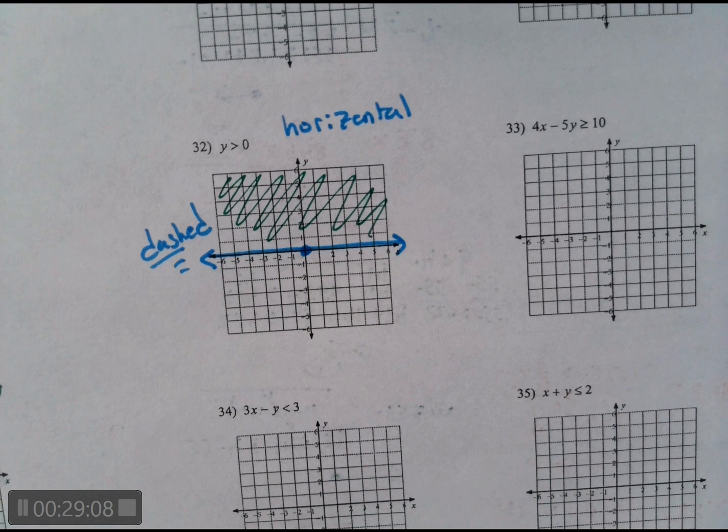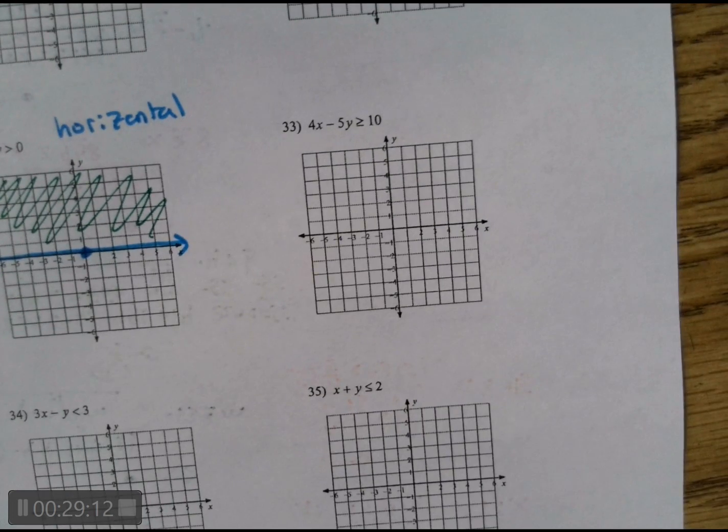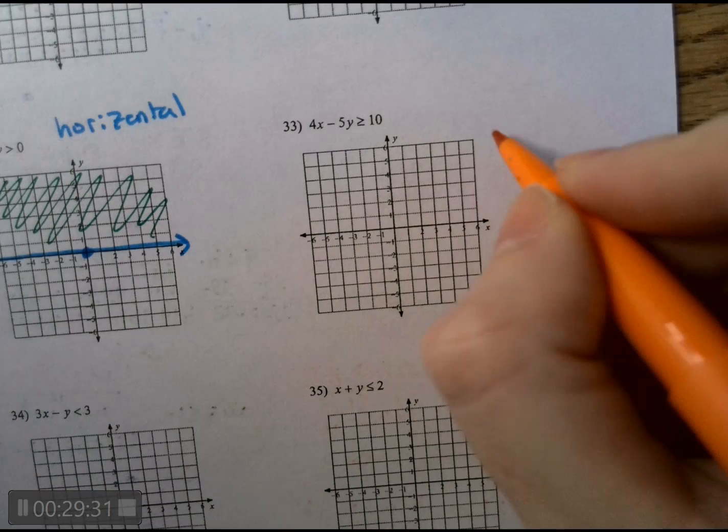Okay? Alrighty. So, for 33, it gives us our equation in standard form, so we have to put it in slope-intercept form, okay? This is where a lot of you guys messed up on your quiz. You were just trying to graph this without changing it into slope-intercept form. Alright, so going to rewrite it over here.